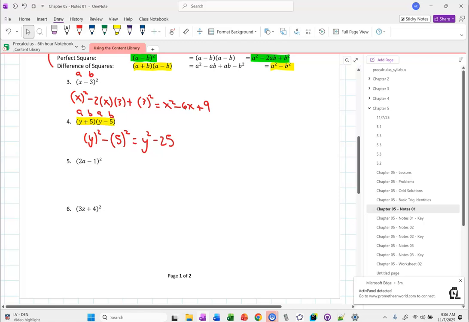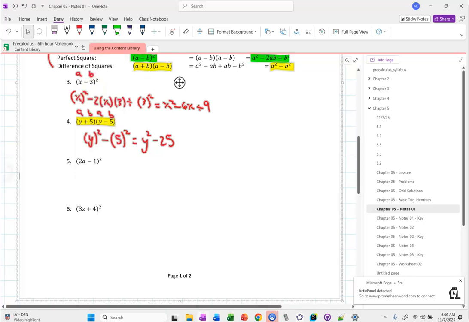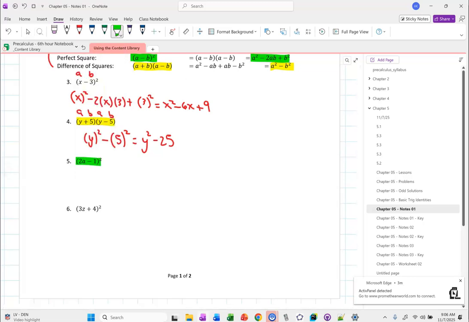Okay. If I do the next one, that's another perfect square with subtraction, right? A minus b squared. Everybody agree? This time the 2a is my a, and the 1 is my b.